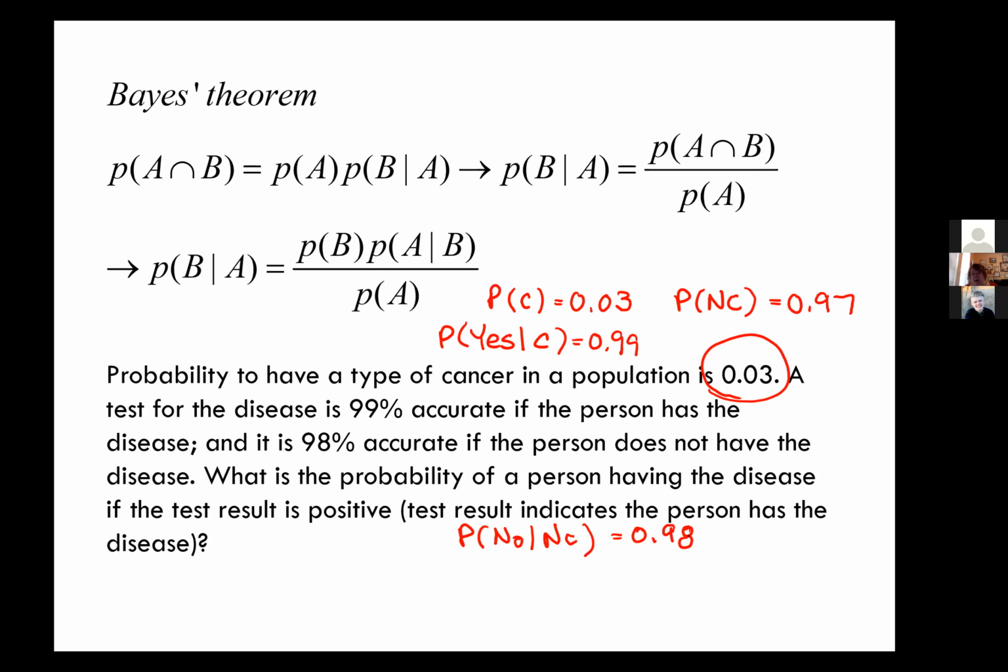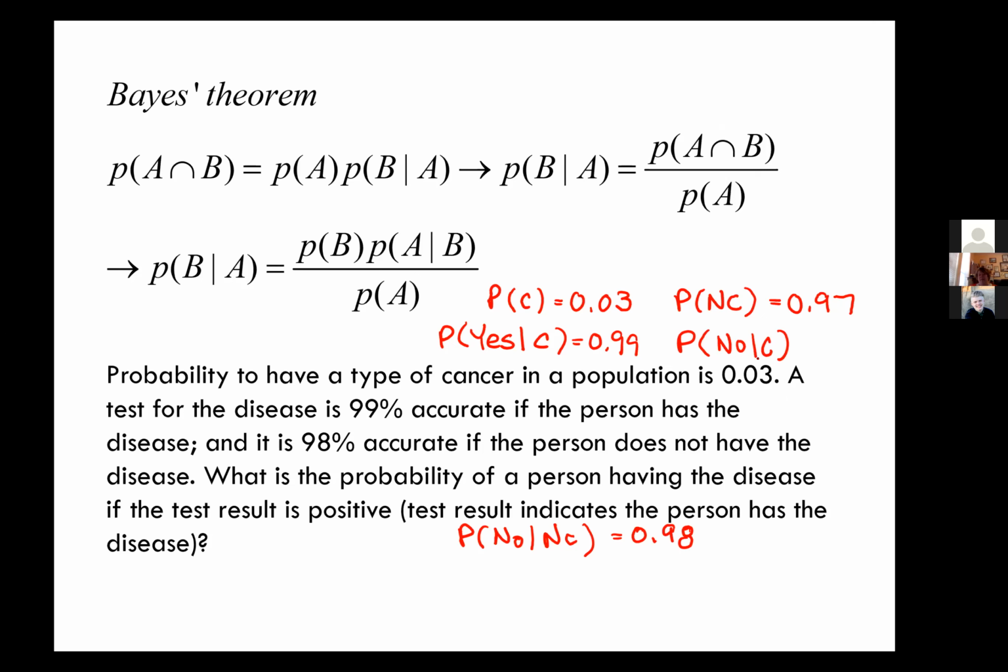All right, let's look at this up here at the top again. So the probability that I test negative and I actually have the cancer would be 0.01.